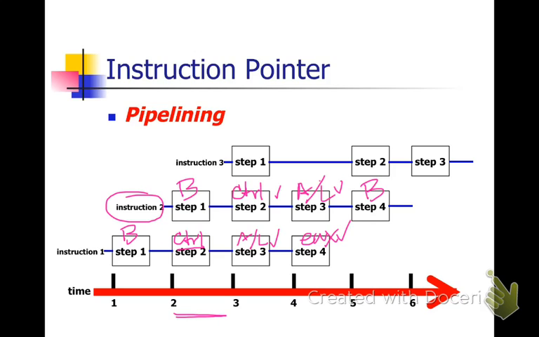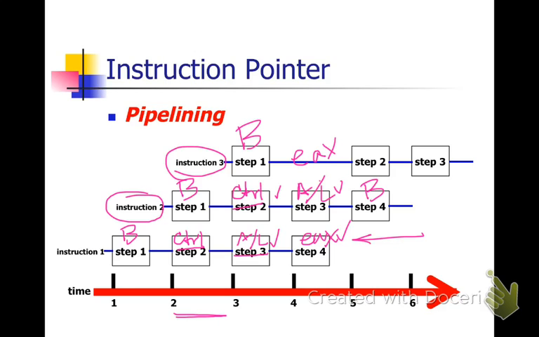Now, in the third instruction, I want to go across the bus to get the next instruction. I can do that because step 2 is using the control unit, step 3 is using the arithmetic logic unit. Let's say my next step is I go across the bus. This is a simple addition between two registers, so I just want to use one of the registers. And I need to use EAX, but guess what?